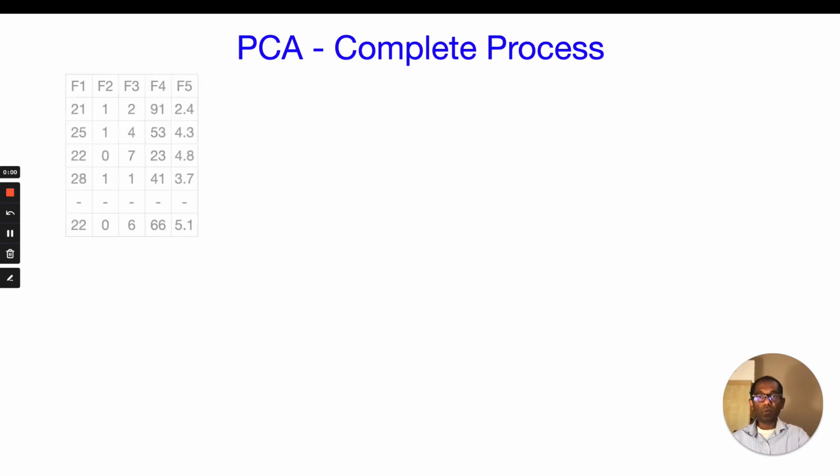Now that we know in general what PCA is, let's look into the whole process in one screen. Let's take an example where I have 5 features, F1 to F5, and these 5 features are way too complicated for me and I want to convert them into 3 dimensions. How do I do that?